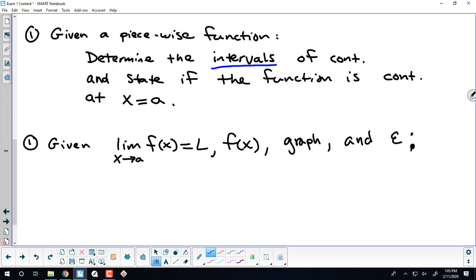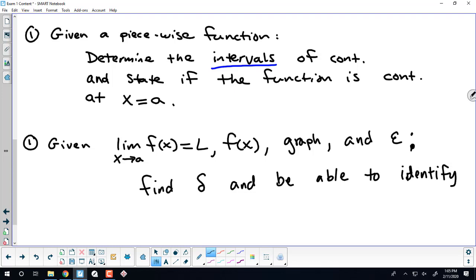And from that, we want to be able to find delta and be able to identify a, f of x, and L.